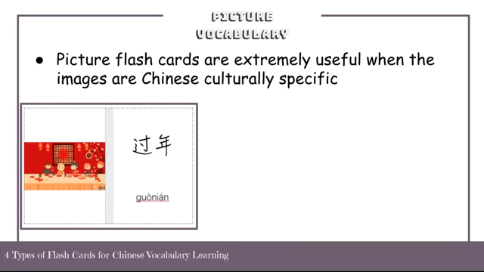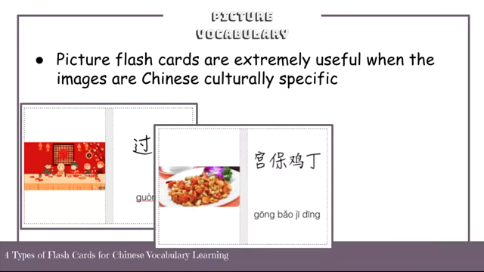So this picture vocabulary flashcard makes the link. You can look at a picture of a happy family in a festival atmosphere, enjoying a dinner, and that is 过年. So you can associate the words to the event, and that makes the word more memorable. For example, let's have a look at this one.